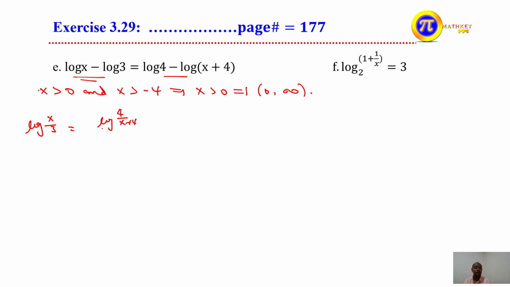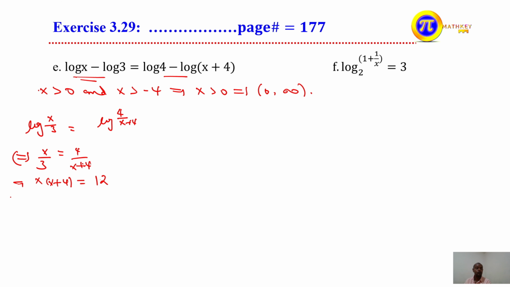These two logarithms are equal if and only if x over 3 is equal to 4 over x plus 4. Now we can cross-multiply. This implies x times x plus 4 is equal to 3 times 4, that is 12.